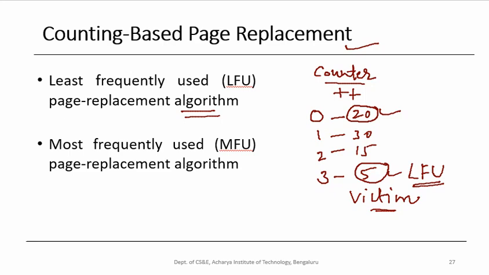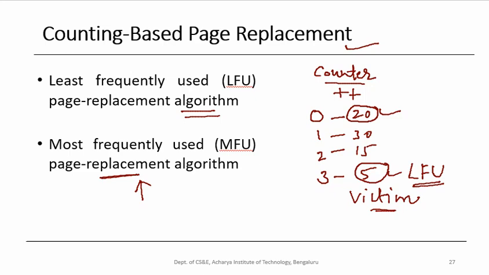But in the next case, there is an argument that a page could have a smaller value in the counter because it might have just come into the main memory, and such pages are going to be used in future.